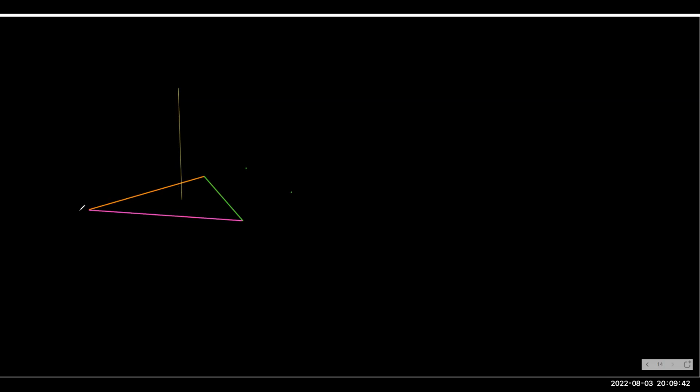So we have a triangular base, let's say A, B, C. And the vertex I will call O, which is convenient in terms of writing. And this is called vector A. Just name it.